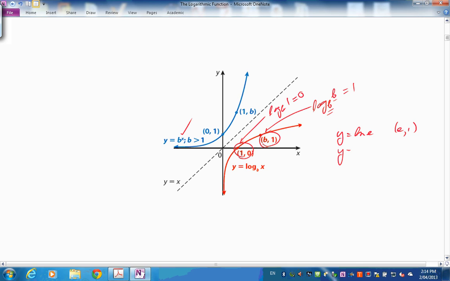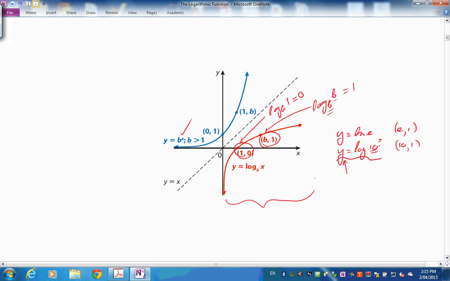And on log to the base 10 of 10, we would have (10, 1). Because remember, let's read this again. y is the log of 10 to base 10 means what power do I raise 10 to get itself? It's just 1. So that gives you an idea of the general nature of these two crucial points there.